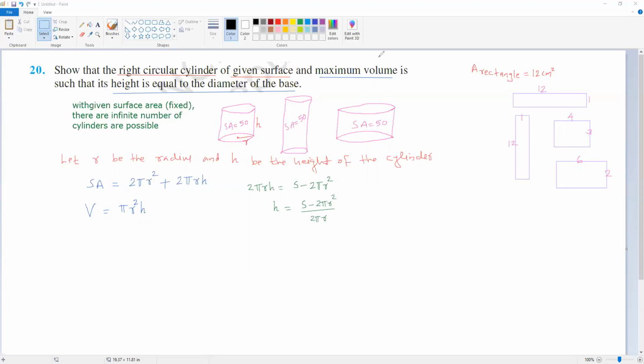So here you can substitute back that value. So volume is equal to pi r square into h, where h is s minus 2 pi r square divided by 2 pi r.